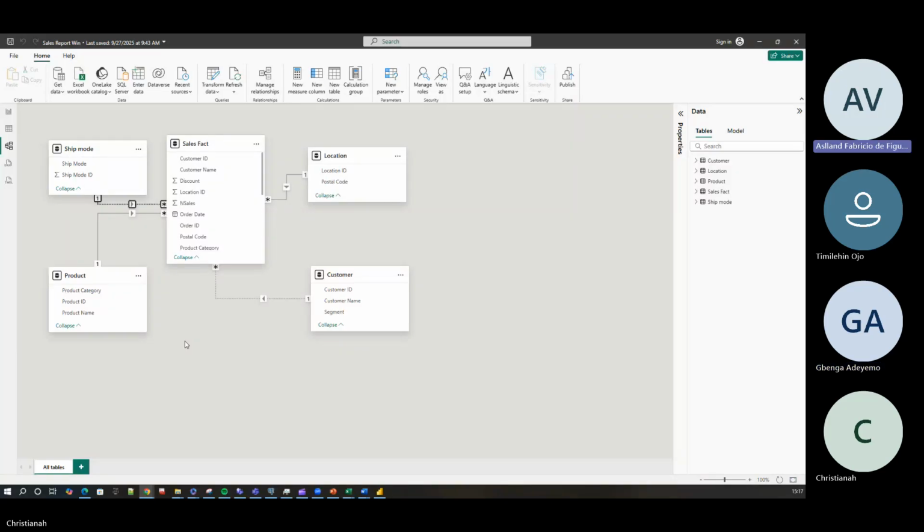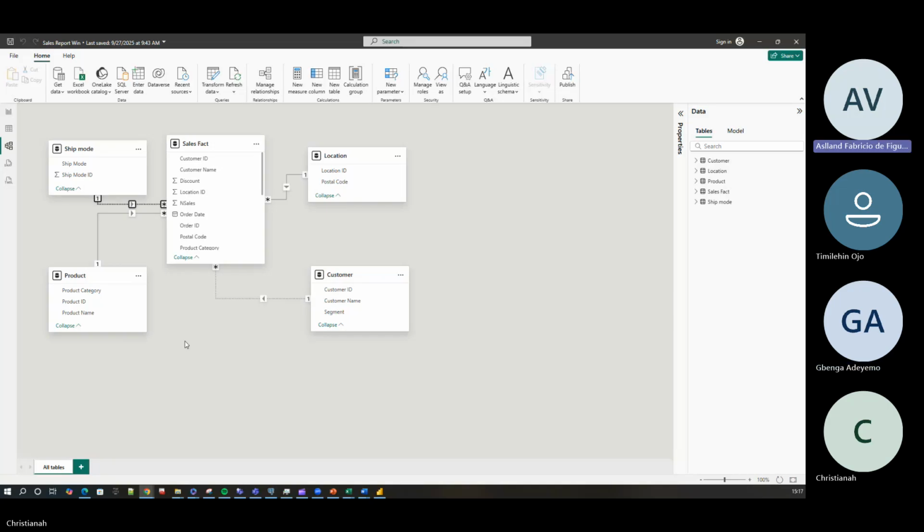Okay, so one to many means it's a unique value in ship mode, and many in the other table. In this case, the cardinality is one to many, one ship mode to many sales fact.